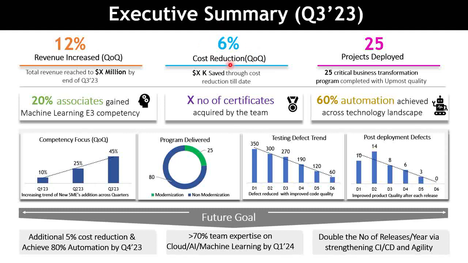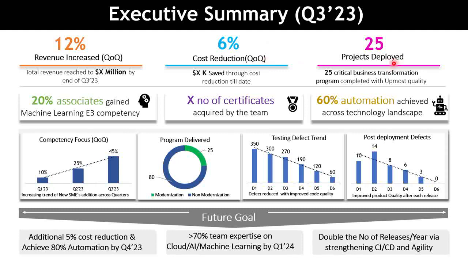If you are reducing the cost through certain initiatives, the initiative could be that you are leveraging your team in a different zone, or you are doing certain automation, or you are optimizing your process. There are various ways in a project to reduce the cost. So if you have done that, you can highlight that as another key parameter.